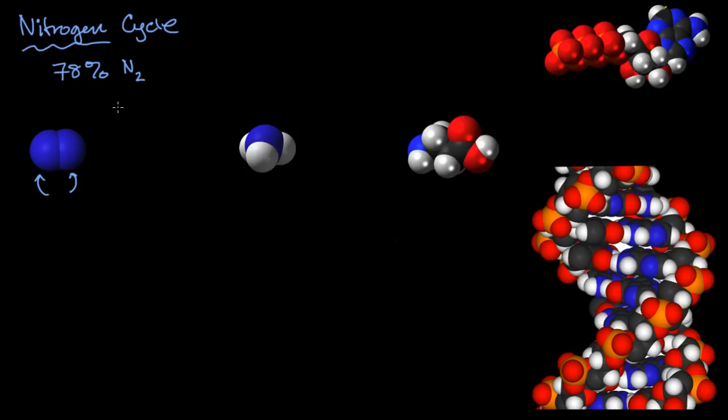Instead, the key actor that fixes the nitrogen from the air, so you have all of these N2 molecules in the air here, the actors here aren't plants but prokaryotes like bacteria. So let me draw some soil here, and the bacteria could be in a bunch of different places, but you could have a bacteria in this soil.